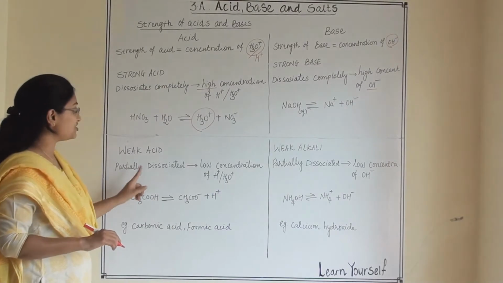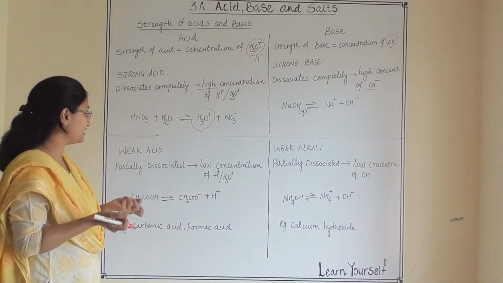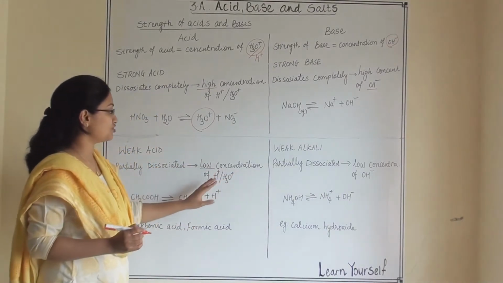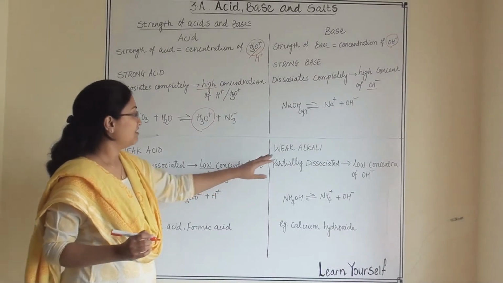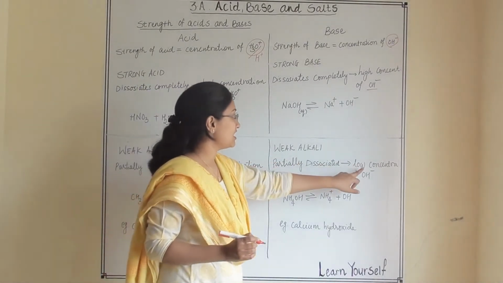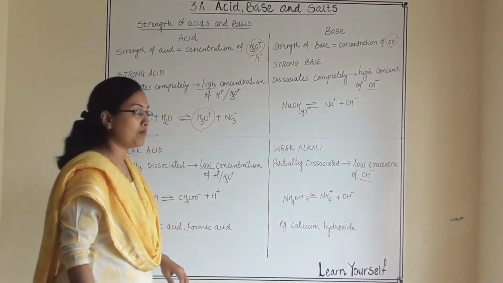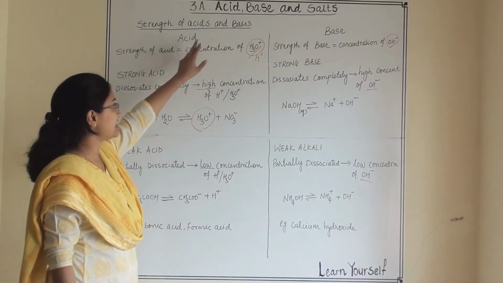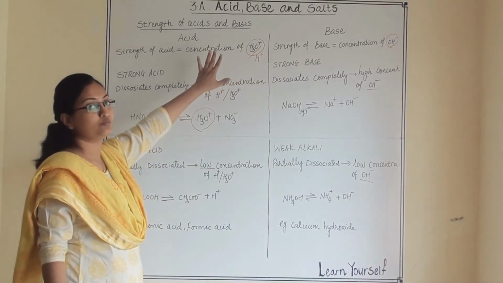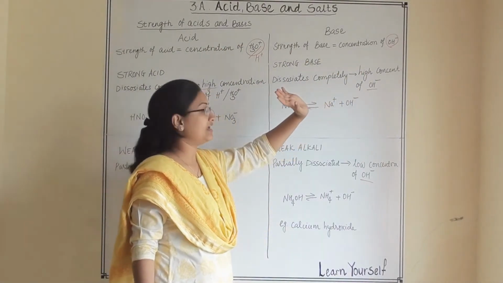It dissociates partially, not completely, so it generates a low concentration of hydronium ion. When it is a weak alkali, it also dissociates partially and gives a low concentration of OH minus. Always remember, when it is an acid, the concentration of H plus or H3O plus will matter. When it is a base, the concentration of hydroxyl ion will matter.